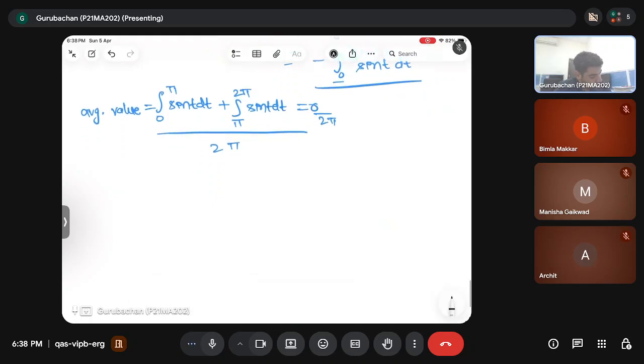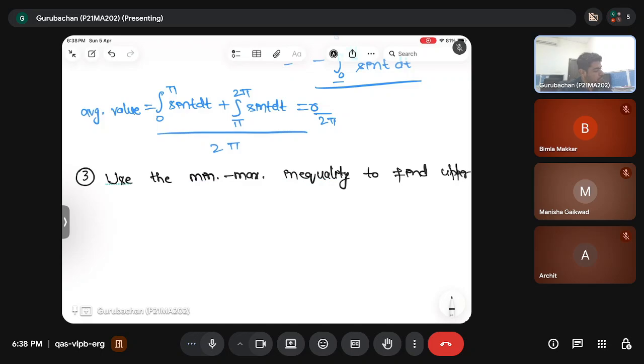The third one is: use the min-max inequality to find upper and lower bounds for the value of the integral.